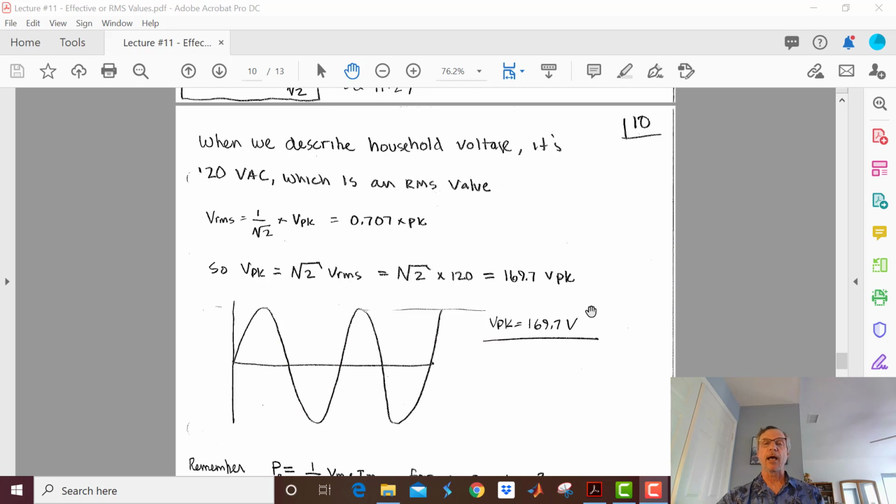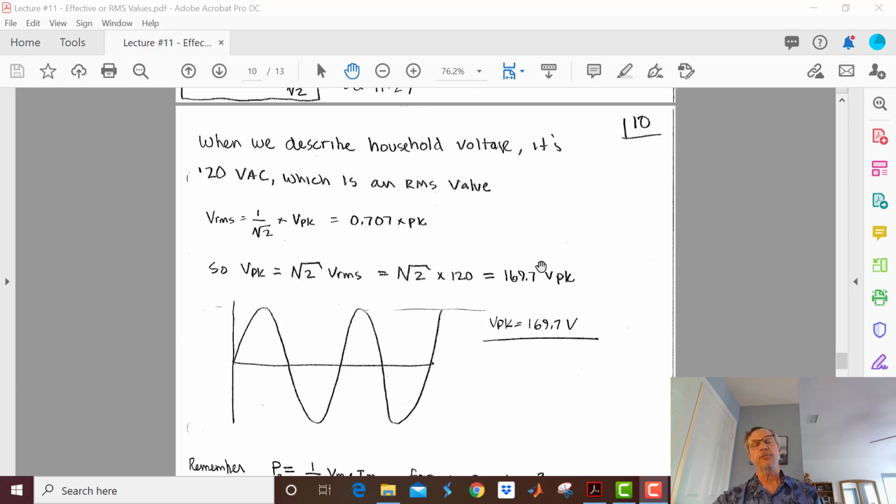When we describe household voltage, the voltage in the outlets in your house, if you're in the US, we call it 120 volts AC. That's an RMS value. So V_RMS is equal to 1 over root 2 times V peak, or 0.707 times V peak.